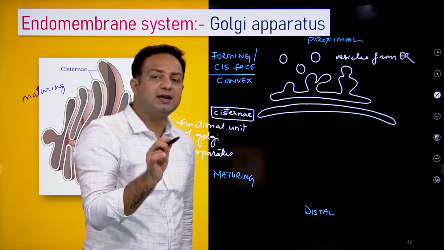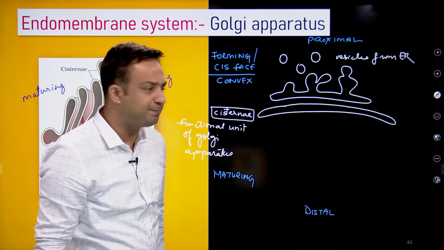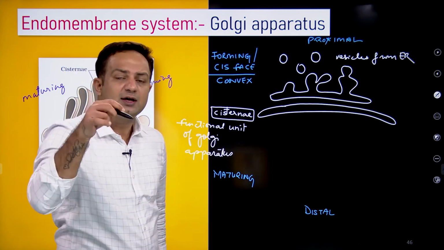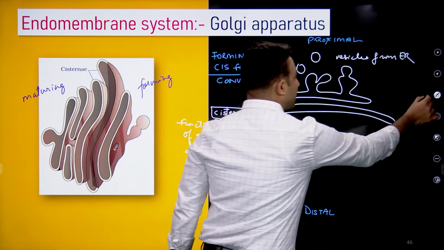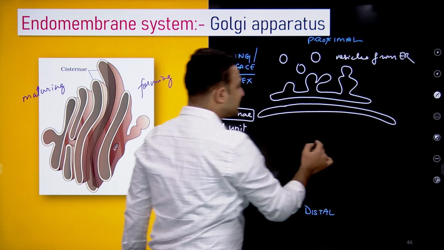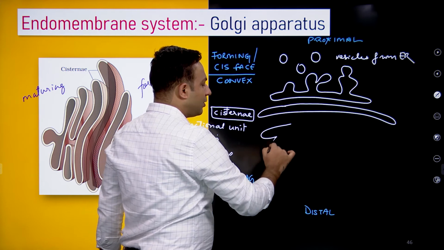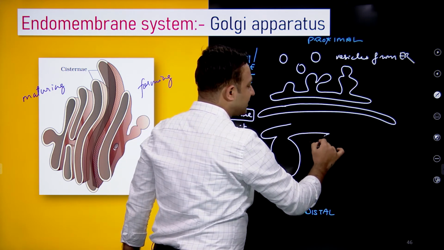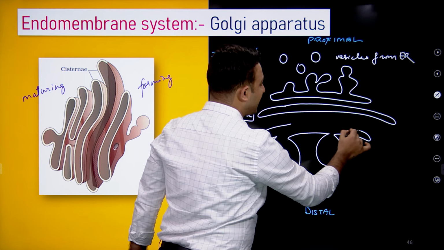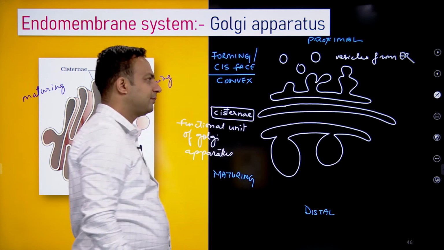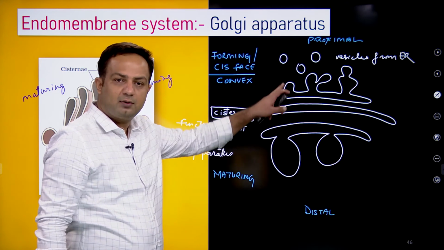So cisternae are getting formed on cis phase. I repeat, cisternae are formed on cis phase, and on trans phase they are going to give out the vesicles, again secretory vesicles, and they are getting finished. See the difference in the bulgings.